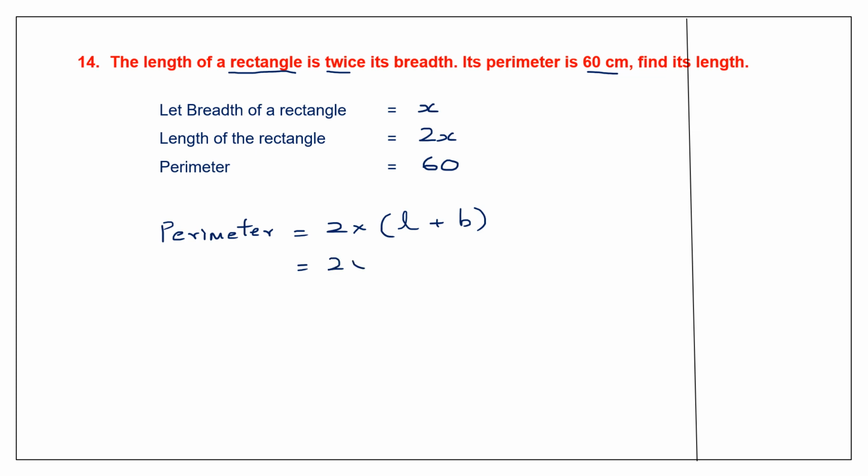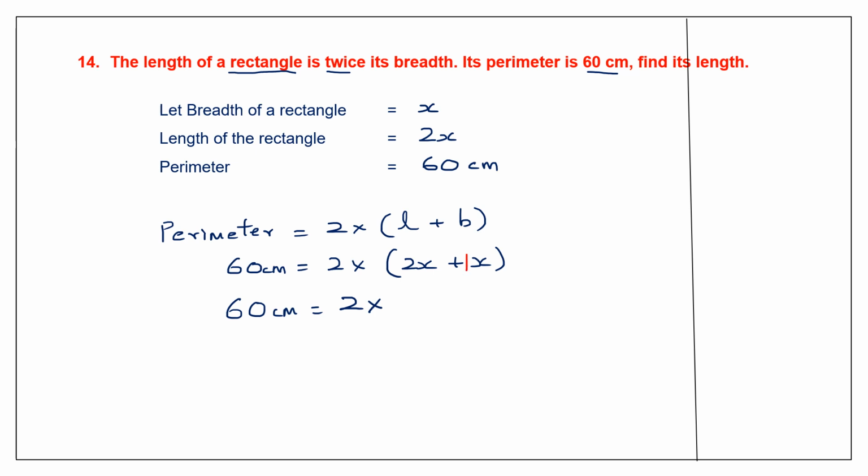So 2 into length is 2x and breadth is x. Now here, how much is the perimeter? Perimeter is given to us as 60 centimeters. So let's write that, 60 centimeters. So this one, 60 centimeters is equal to 2 into 2x plus x.